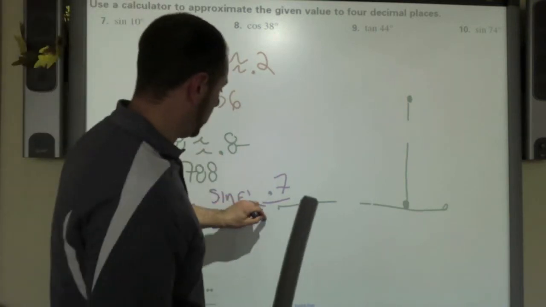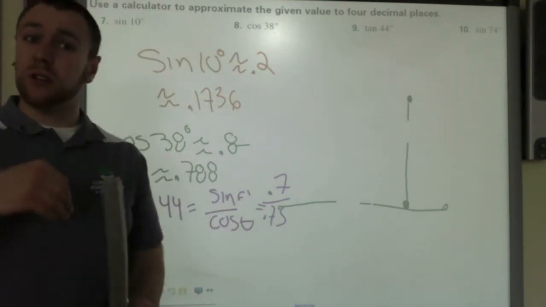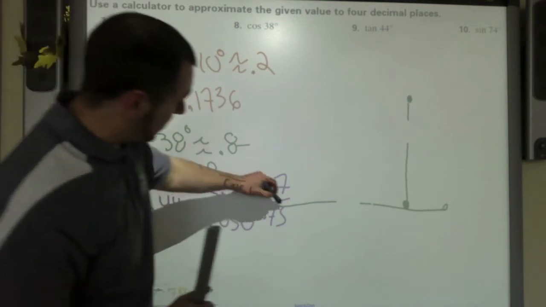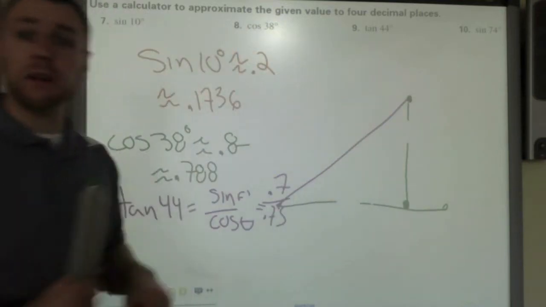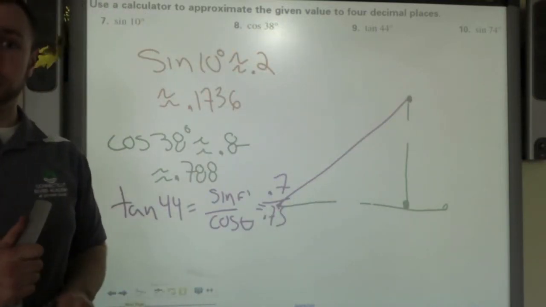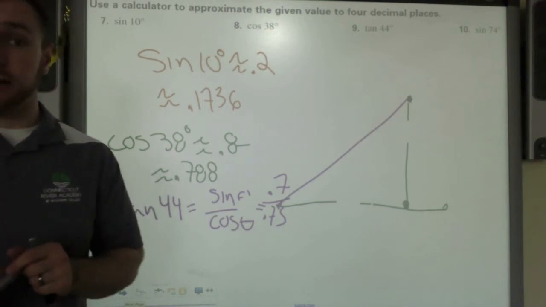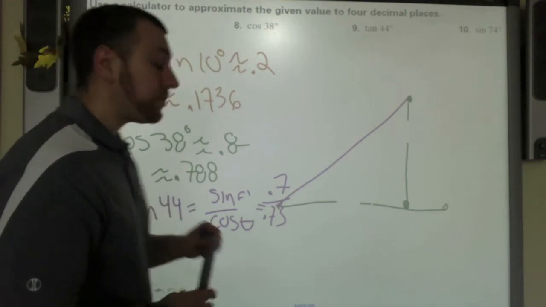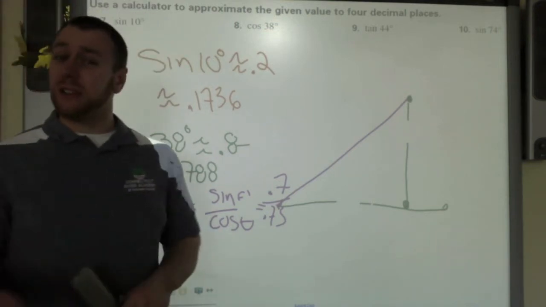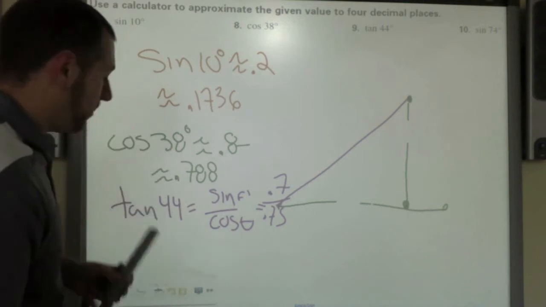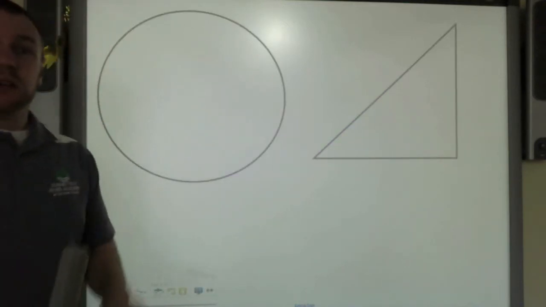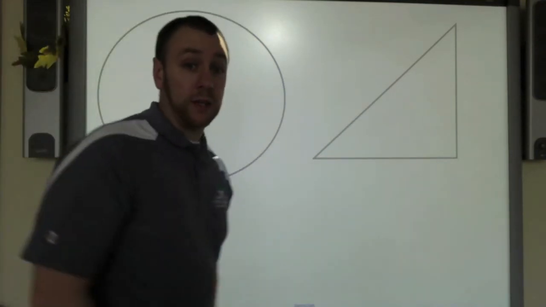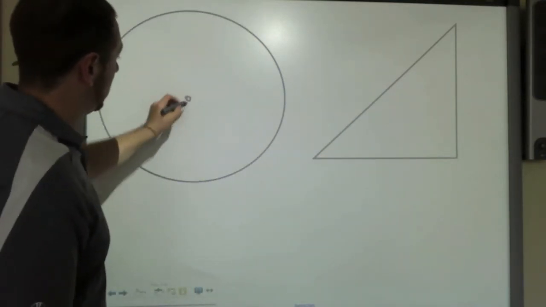So, I would say about 0.7 over, that was a little bit longer in there, 0.75, and I can actually do that division, but it should be kind of close to 1. And if you think of the slope of the line, it's about a slope of 1. And you can plug that into your calculator and find it. And that's how you approximate trig functions. So you understand, all right, did I get the right answer or did I not?